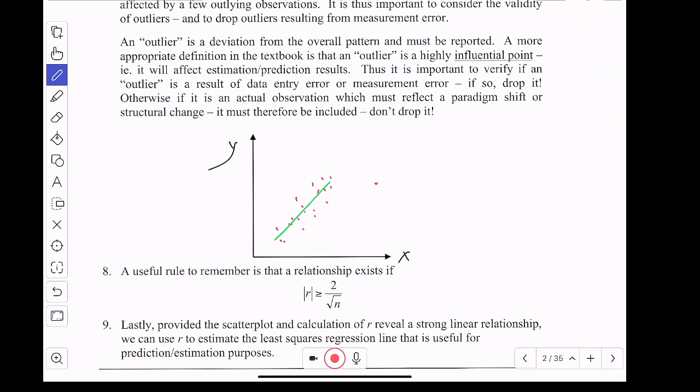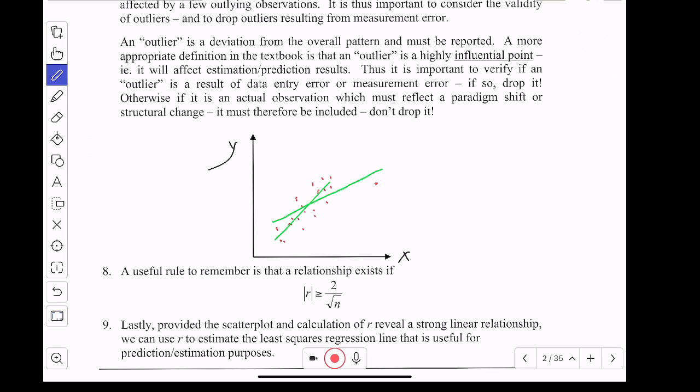If I was forced to include that point, I will use a dashed line, and the principle of the prediction line is that it floats between the points, and that way it's closest to all the points. So it would have to fall like this to include that point.